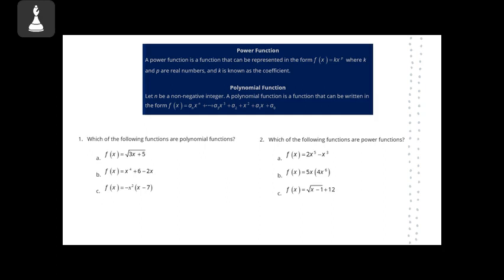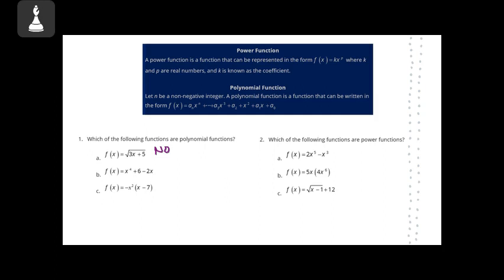So looking at our first examples here, in step one, do we have a polynomial function? In order for it to be a polynomial function, it should be something x to a power plus something x to a power plus something x to a power, and so on and so forth. So looking at A, there's a square root in there. No, square roots are not polynomial functions.